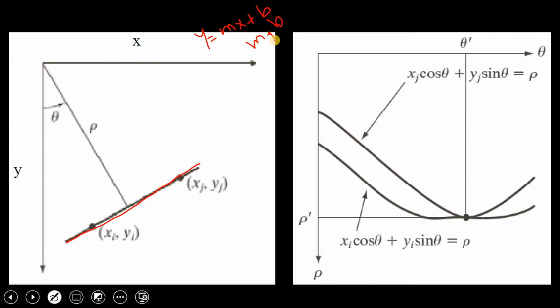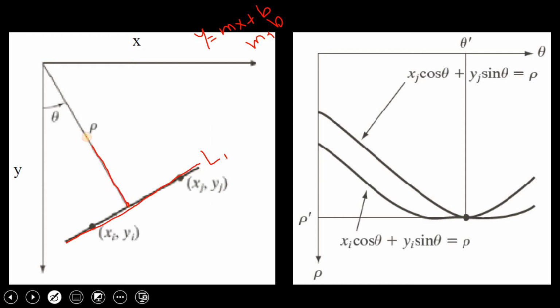So let's say this is your line, this one over here. Now we consider another line which is perpendicular to this line. The word perpendicular is important.